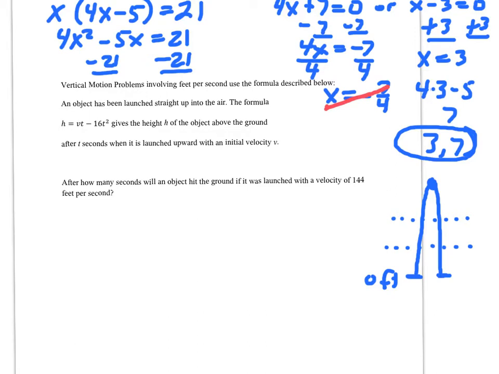Here the height is h equals something, and here h equals something. You have 2 different times that it's at that height. You have h equals something here as well, at the peak.